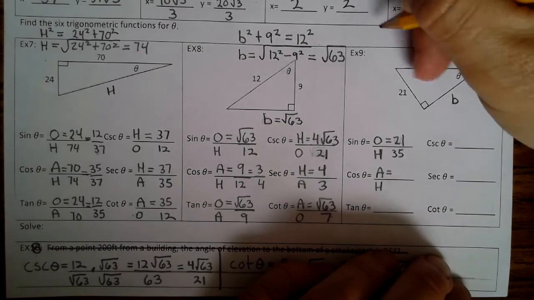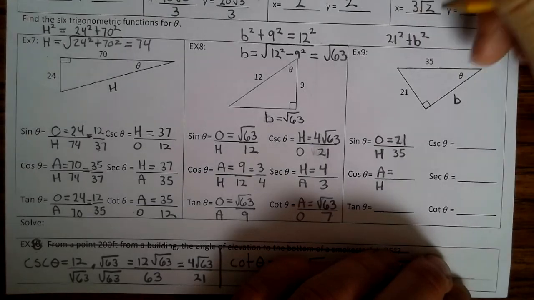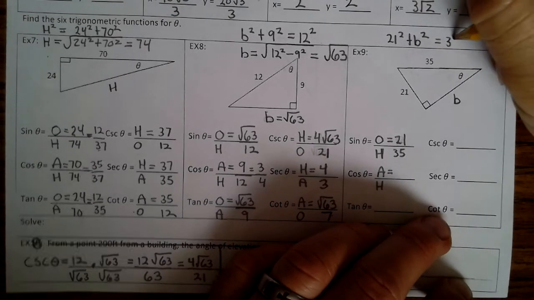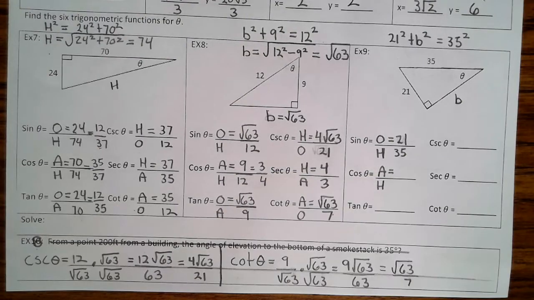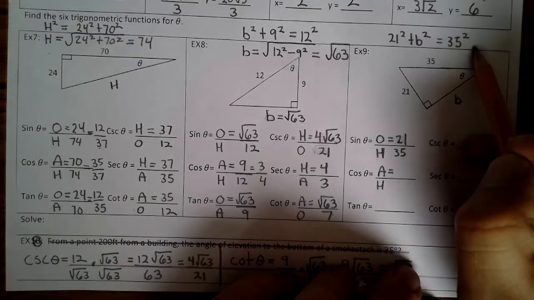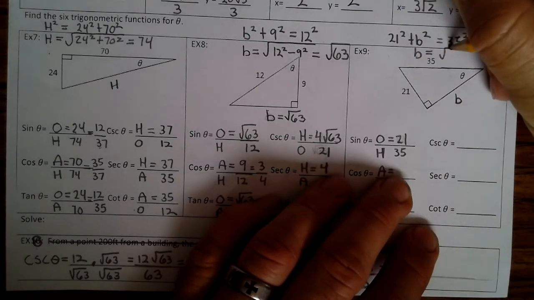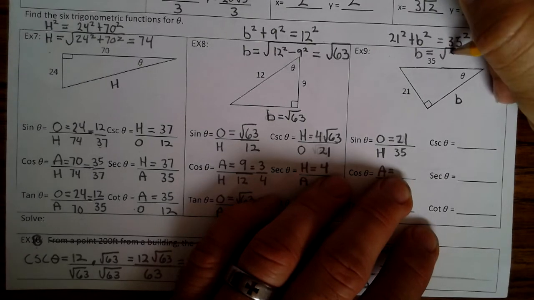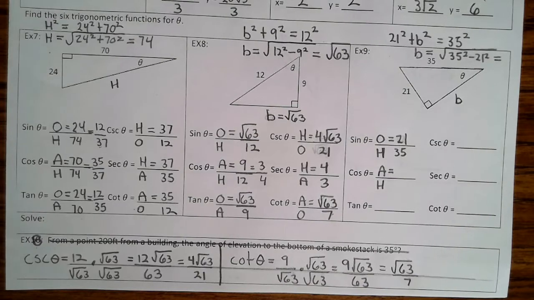Well, subtract 21 squared, take the square root, so b equals the square root of 35 squared minus 21 squared, which equals 14. So that would be 14 divided by 35.